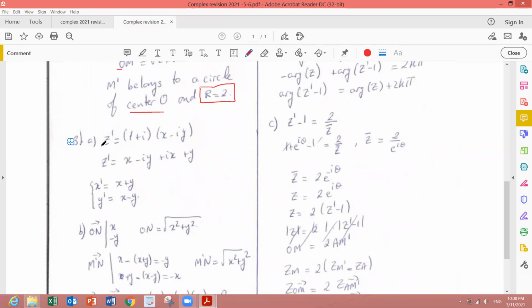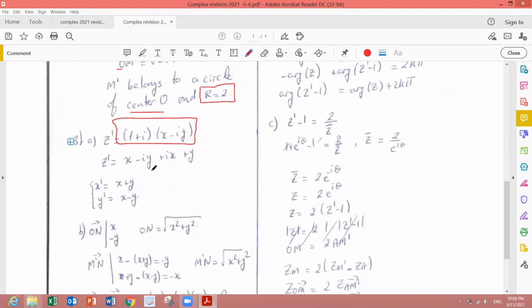So z prime equals 1 plus I times z bar, which will be x minus iy. We expand: 1 times x is x, minus iy plus ix, minus I squared y plus y. So the real part is x prime, which is x plus y.